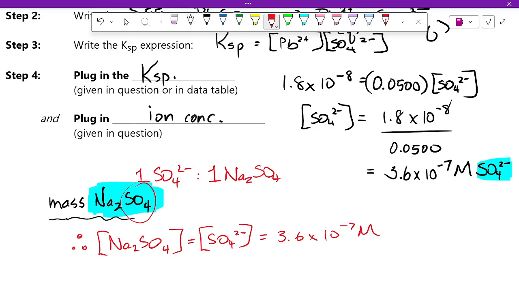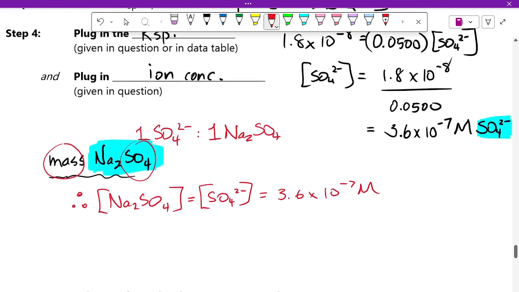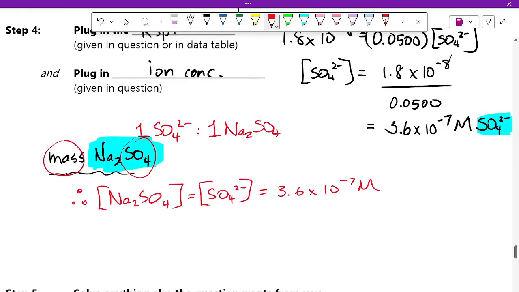In order to get to mass of Na2SO4, what do we need to find first? Well, we need to find the molar mass, but that's a conversion factor. What's the step before getting to mass? We want to end at grams. What do we need before we get to grams? Moles. Do we have enough information to get to moles? We have moles per liter.